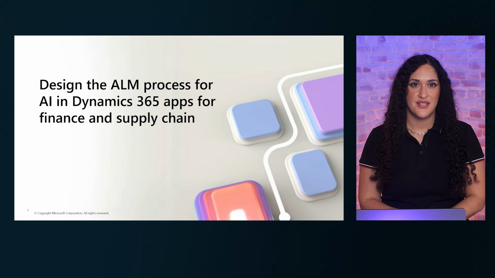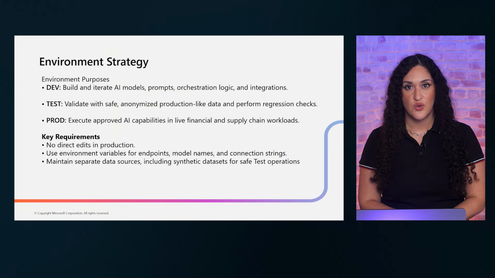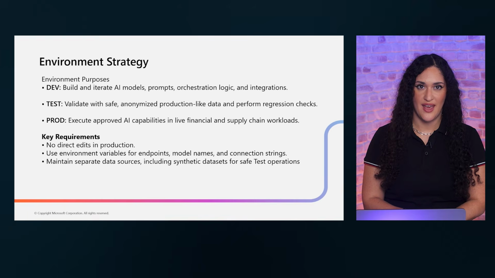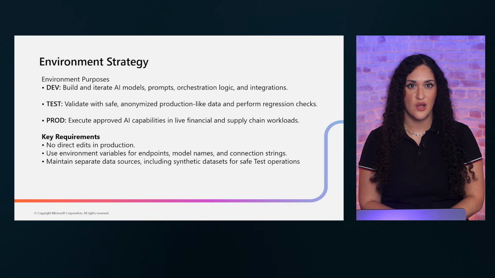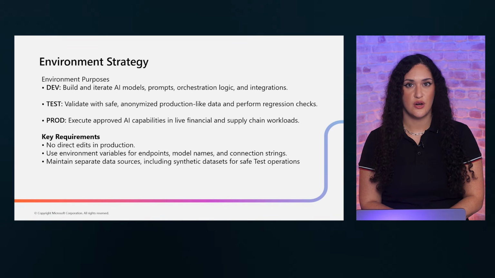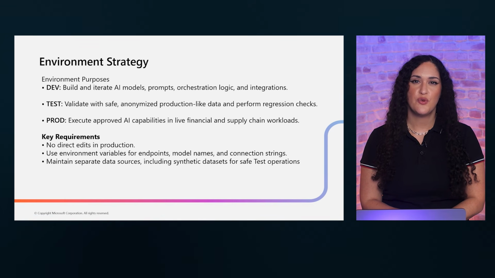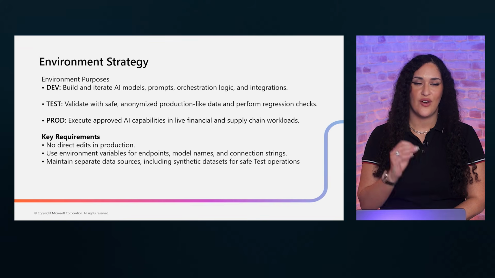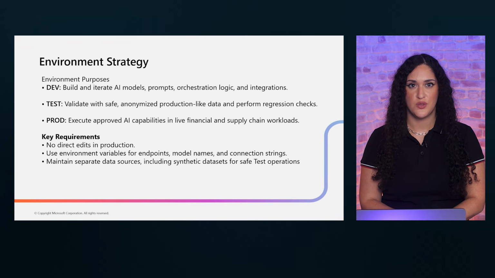Now let's talk about designing the ALM process for AI in Dynamics 365 Finance and Supply Chain applications. Your environment strategy defines 3 environments: Dev for building and iterating AI models, prompts, orchestration logic, and integrations; Test for validating with safe, anonymized production-like data and performing regression checks; and Production for executing approved AI capabilities in live financial and supply chain workloads.